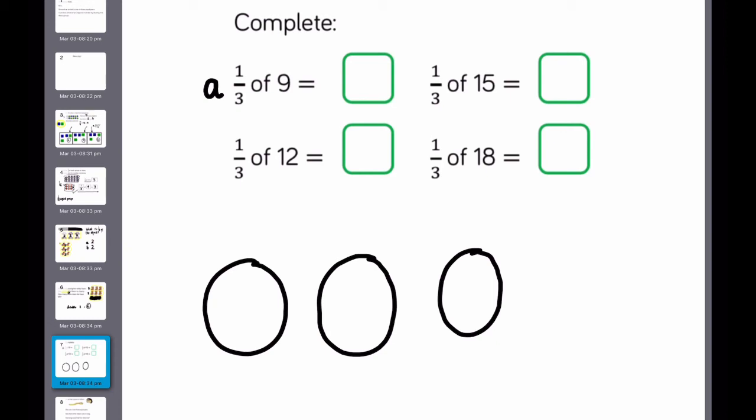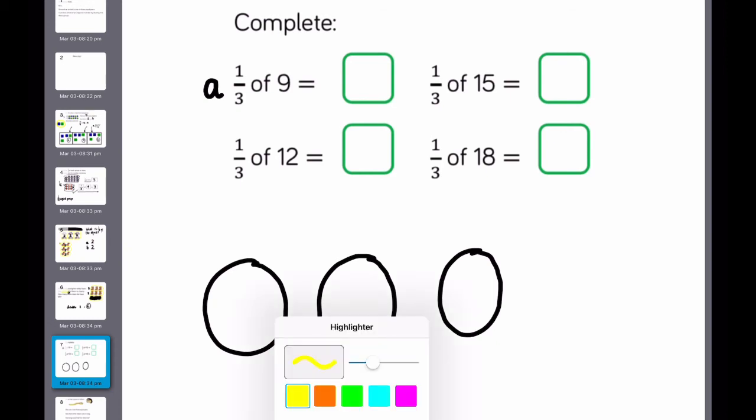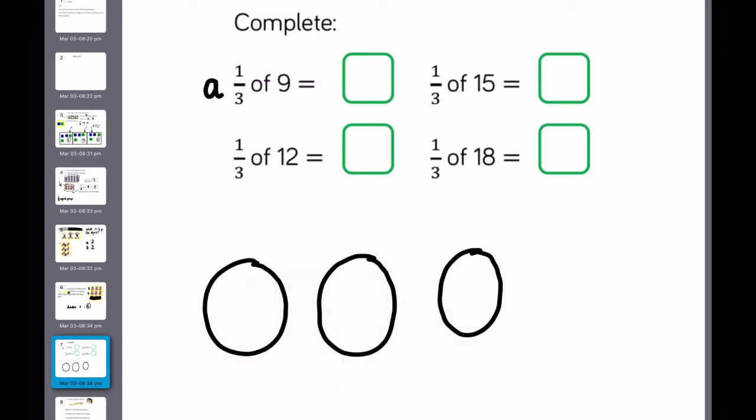So are you ready to find 1/3? If you're not ready, pause the video now until you're ready. Okay, let's go. 1, 2, 3, 4, 5, 6, 7, 8, 9. Okay, 3 in this third, 3 in this third, 3 in this third. What's 1/3 of 9? 3.